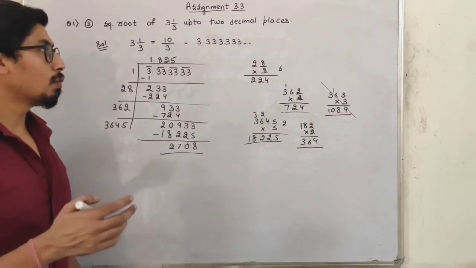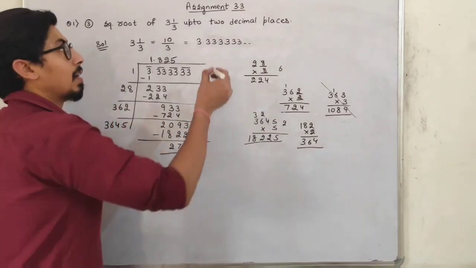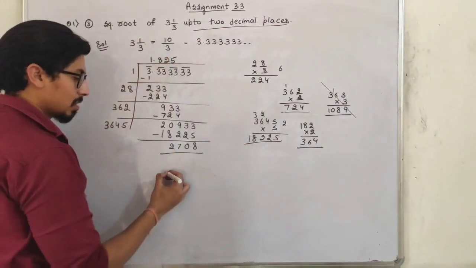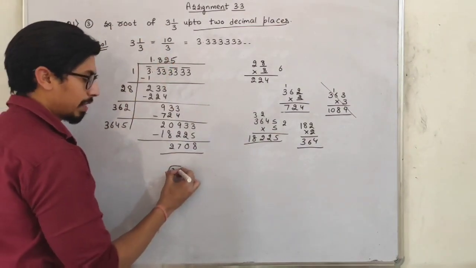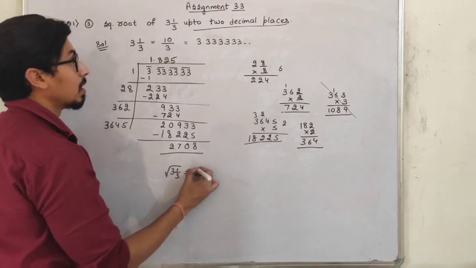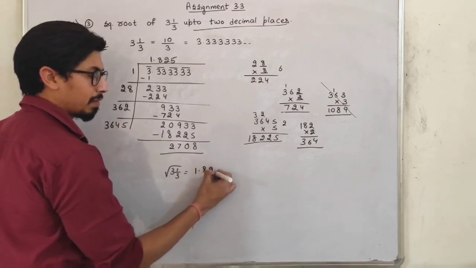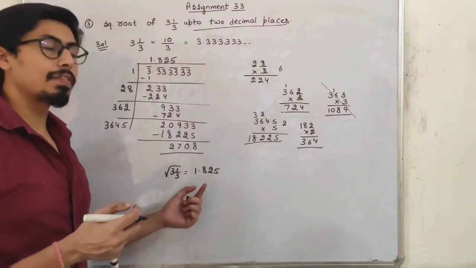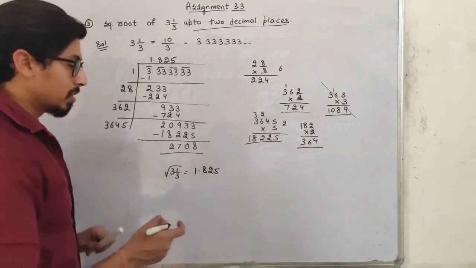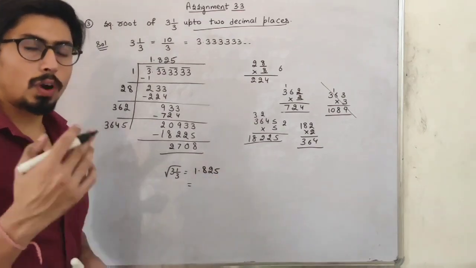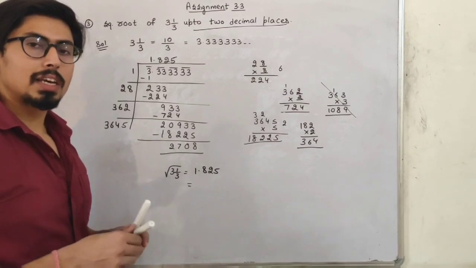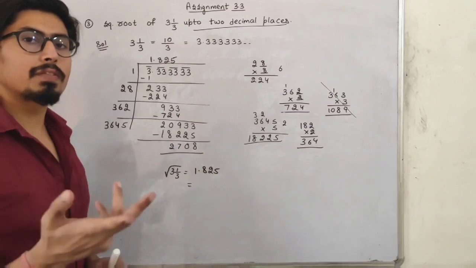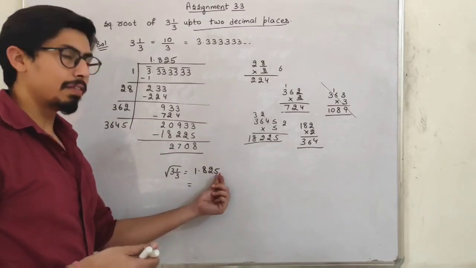Okay, students. Now we have to just take our answer to 2 decimal places. So our answer for the square root of 3.333 by this rule is 1.825. Now, students, what if I round off this number? In order to round off any number, what we check is whether it contains a digit 5 or greater than 5 or not. See, it has 5.